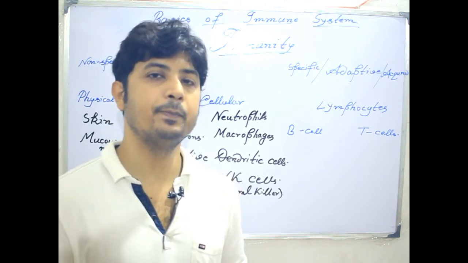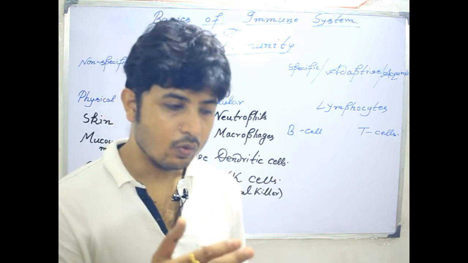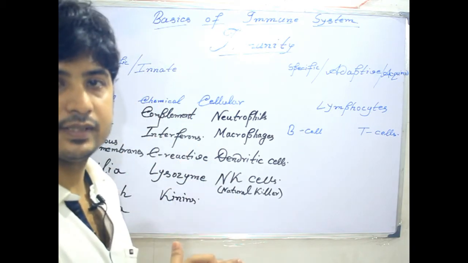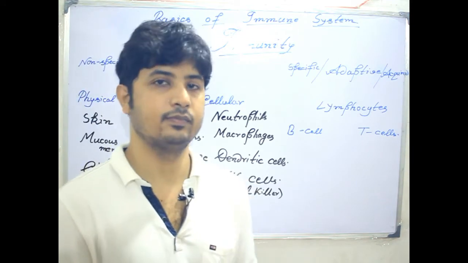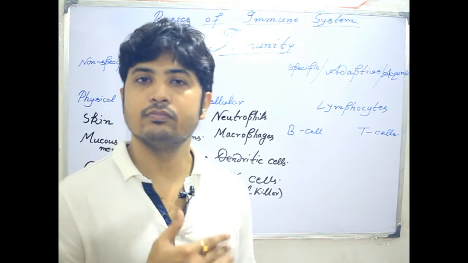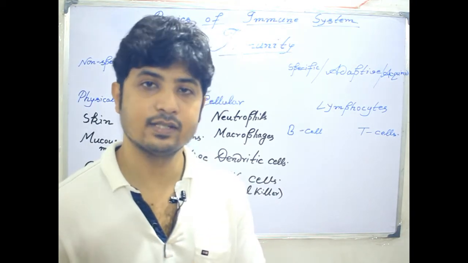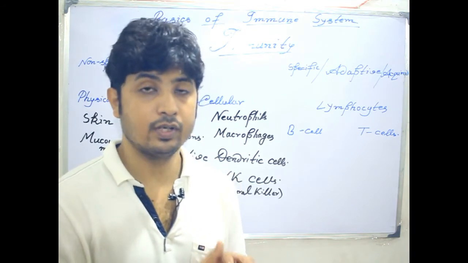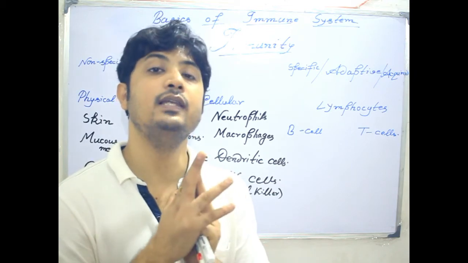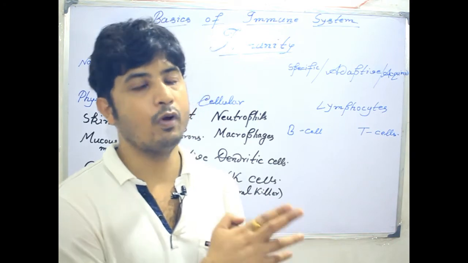E. coli has an LPS layer, that is the lipopolysaccharide layer. Our innate immune system tries to kill it, but it is not able to control the pathogen. At that time, specific immunity will produce cells or molecules called antibodies, specific to the lipids in the lipopolysaccharide layer or the polysaccharide present in the antigen.